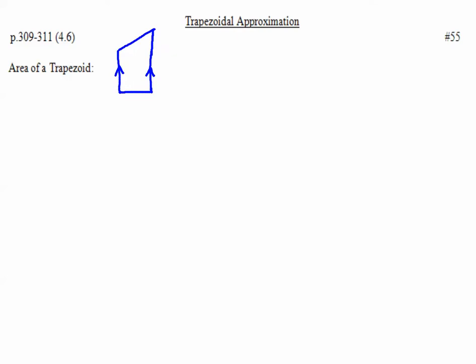So we'll call these our base 1 and base 2, the side being perpendicular to the bases right here. We'll call that the height. And then we'll remind ourselves of what the formula for the area of a trapezoid is: 1/2, and I'm going to write it like this, times the height times base 1 plus base 2.